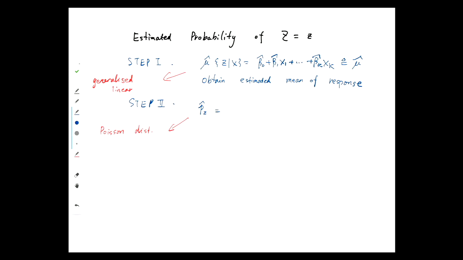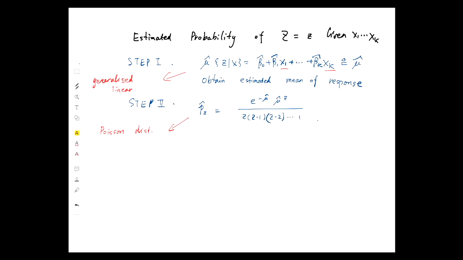So it equals the Poisson probability, which is the exponential of minus mu hat times mu hat to the power z, divided by z times z minus 1 and z minus 2 and so on down to 1. So that's how we obtain the estimated probability for some response z given the explanatory variables x1 to xk. So that's the steps.